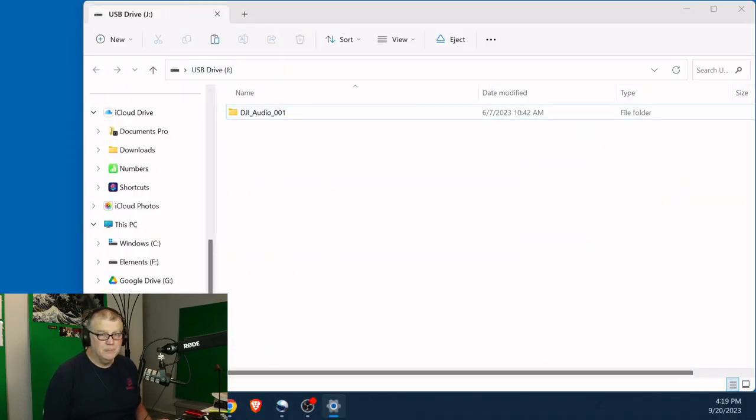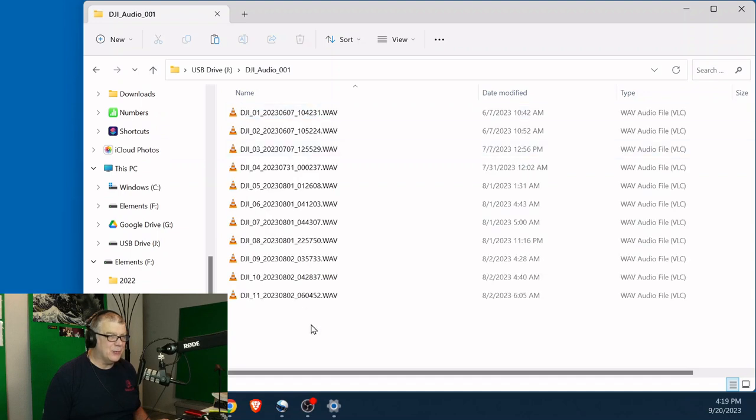There we go, a little bit nicer to look at. So what you're looking at, a USB drive, is really the microphone with folders and all this other wonderful stuff. And there is a bunch of WAV files.